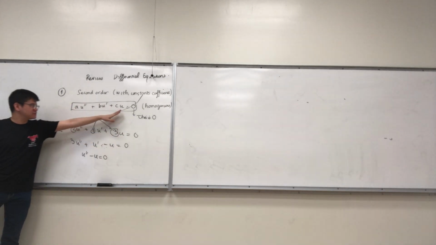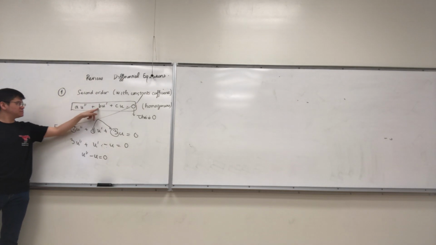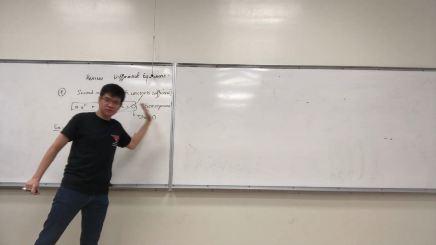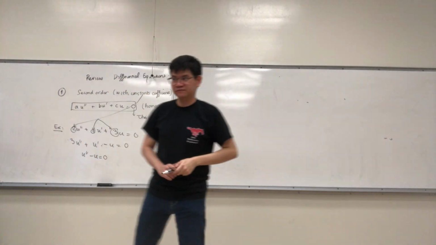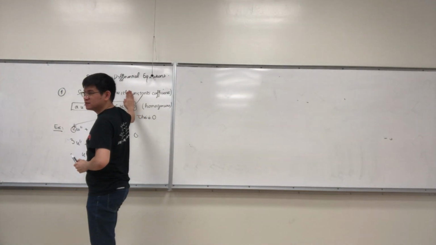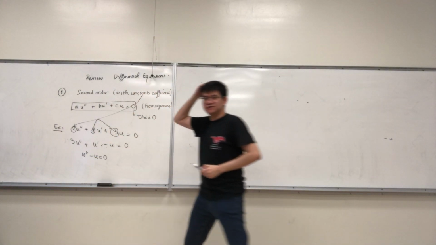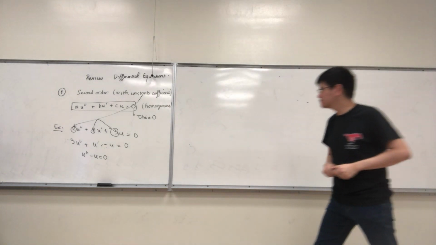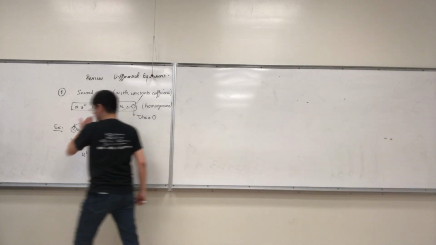So the general form of this is a u second plus b u prime plus c u is 0. This is homogeneous because the right hand side is 0. All right. So in the exam, this is non-homogeneous. But here, let us consider first the case where on the right hand side you have 0. Right. So this is a homogeneous case.